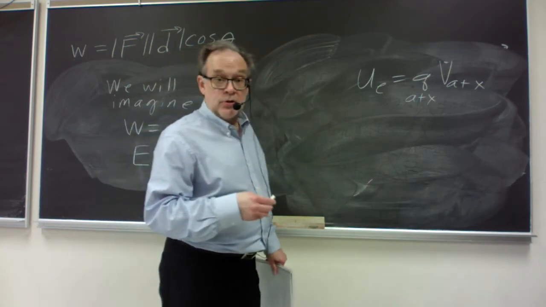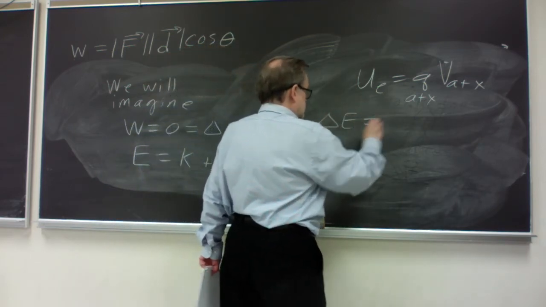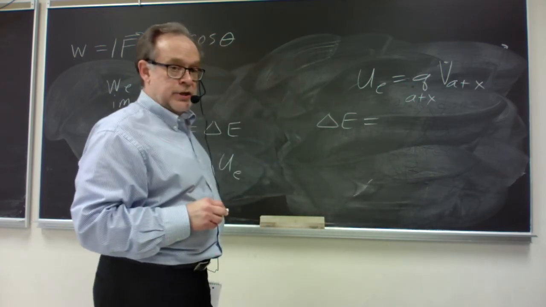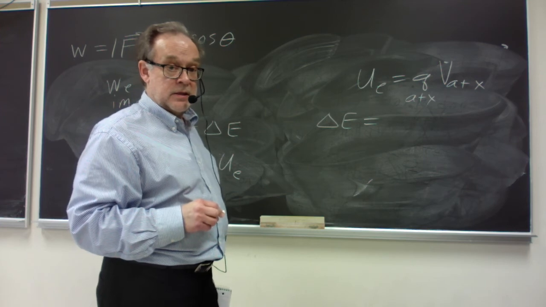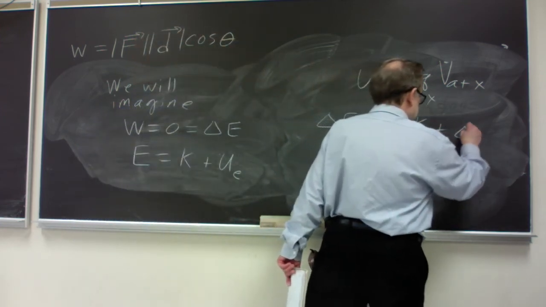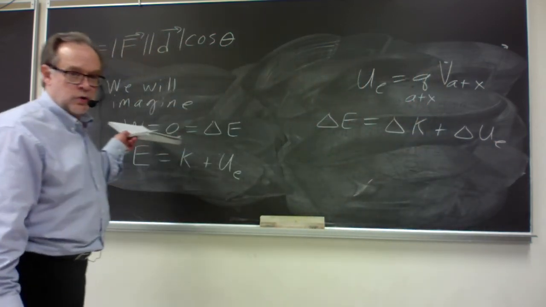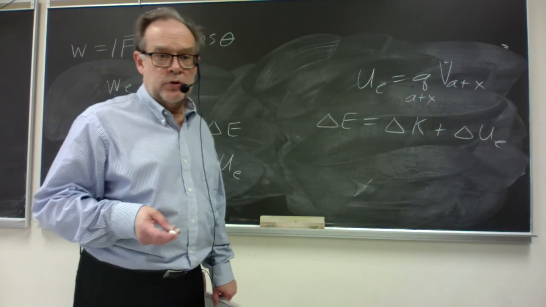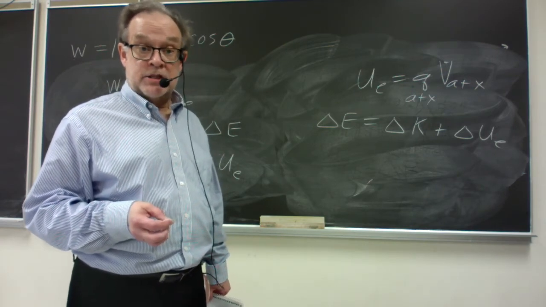Now consider the change in energy. Anytime there is a change in energy of a system like this, it would be a combination of a change in kinetic energy and a change in electrical potential energy. But what did we just see? We're usually going to imagine a system that has constant total energy.